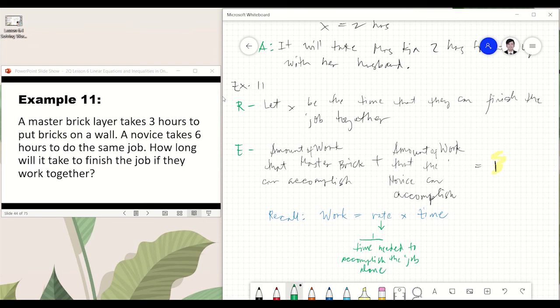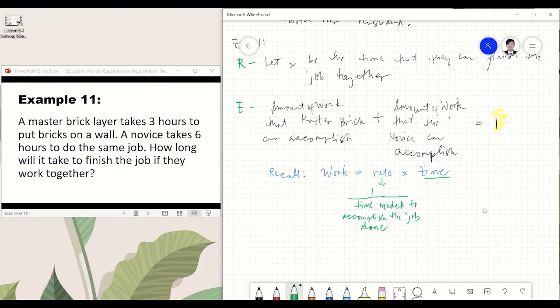So, kumbaga, yung definition ng rate dito, that's 1 over kung ilang oras ang kakailanganin mo na if mag-isa lang siya. So, that's how you get the rate. Yung time dito, ito na yung oras na magtutulungan sila. So, magkaiba silang dalawa. Okay?